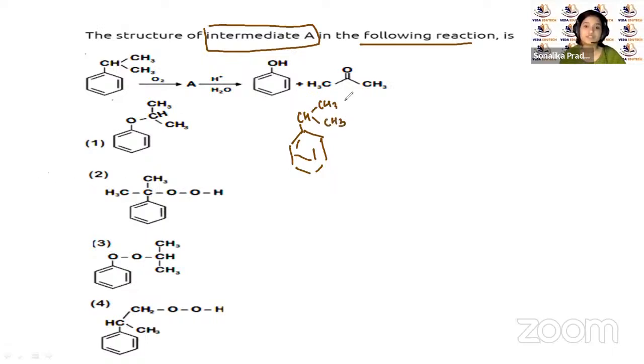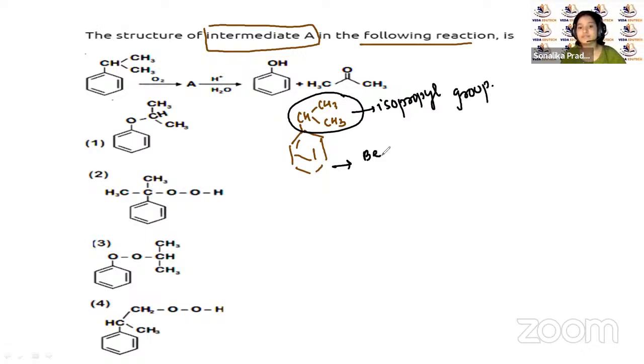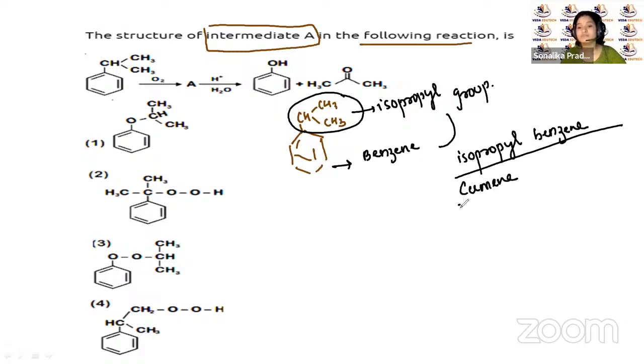We know that this group, children, is your isopropyl group. And this is a benzene. So we call this isopropyl benzene, which is otherwise known by the name cumene, right? It is known by the name cumene.